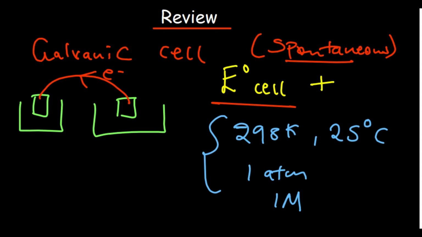Of course, we'll also talk about non-spontaneous as we move on, where you need to add electricity from an external source to make it possible for the cell to operate. So spontaneous doesn't need any external voltage to make the electrons move from the anode to the cathode.